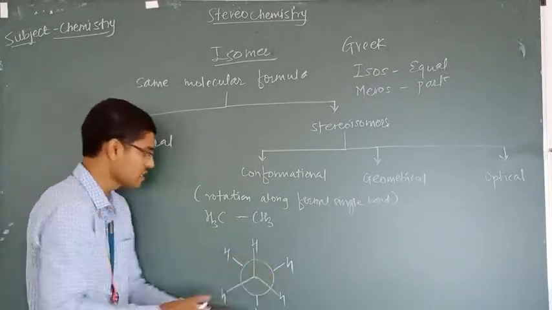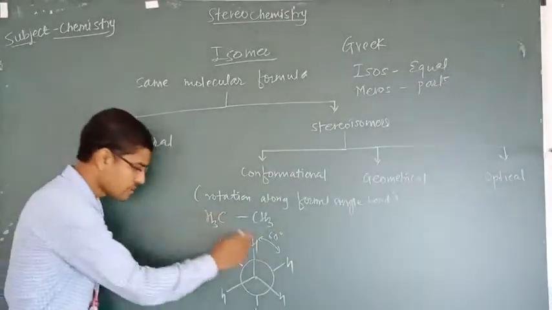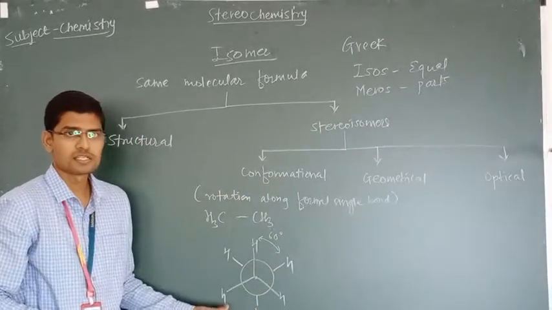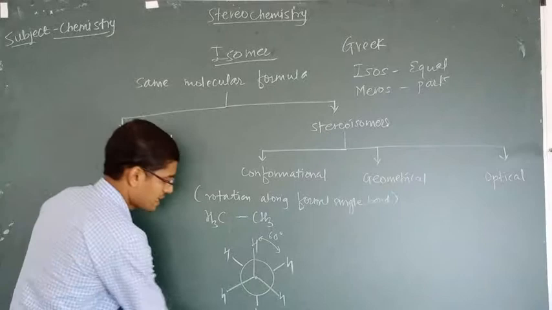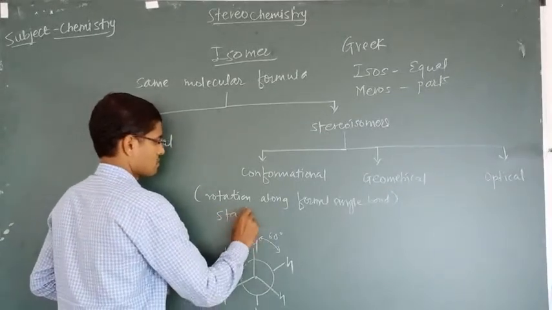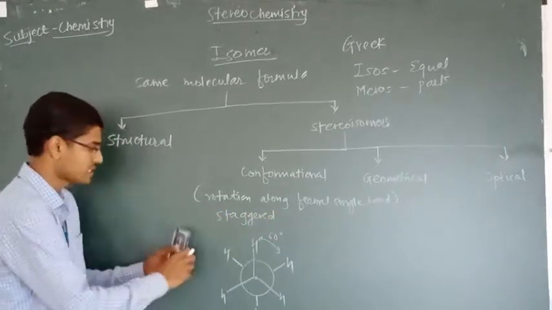Now the angle between these 2 hydrogens is 60 degrees. Maximum distance and maximum angle is maintained between each hydrogen. This isomer is called the staggered isomer.